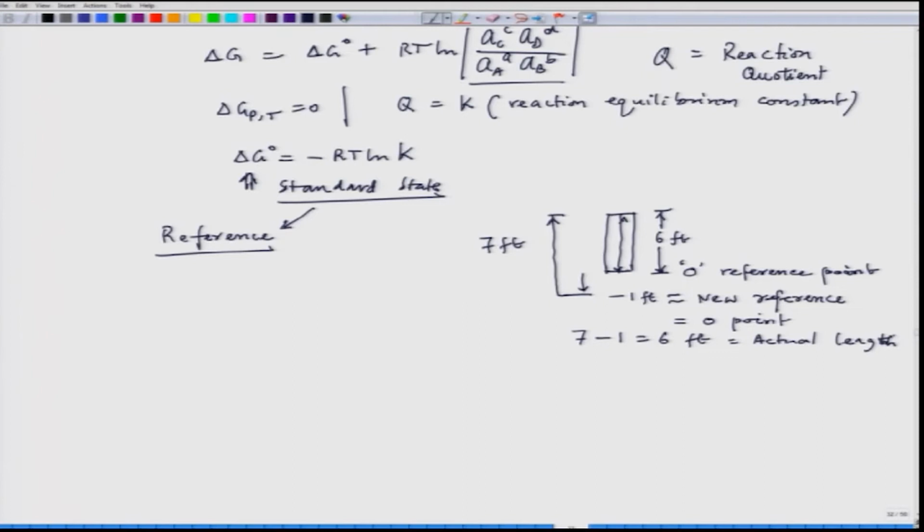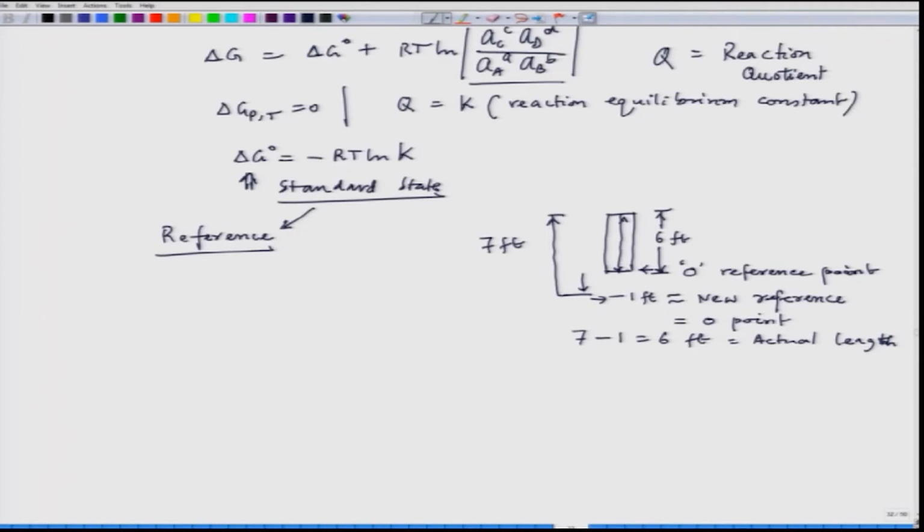Whether I take my reference state to be this one or this one, it does not matter, the difference would always be the same.